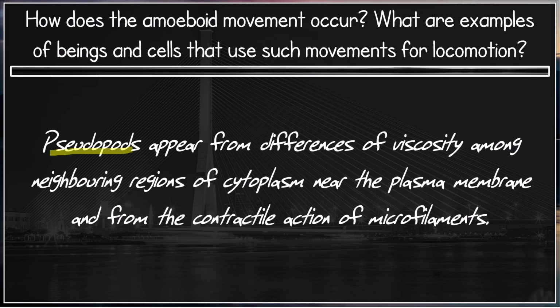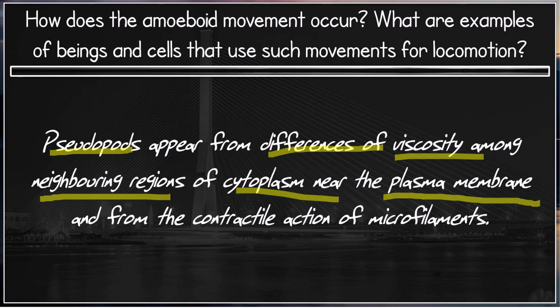Pseudopods appear from differences of viscosity among neighboring regions of the cytoplasm near the plasma membrane, and from the contractile action of microfilaments.